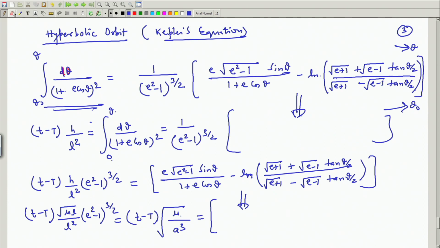Okay. So, I will copy here, let us say, E times E square minus 1 under root sin theta.